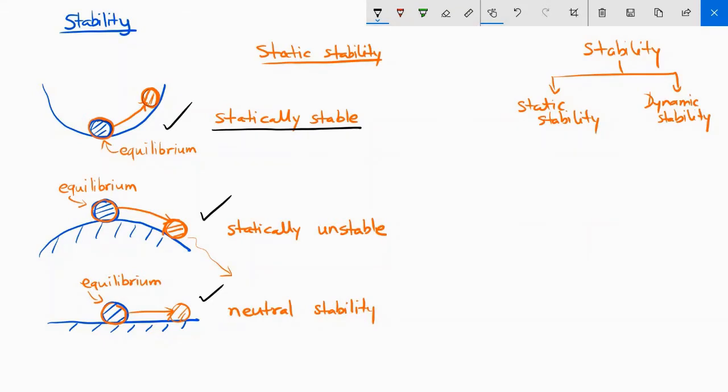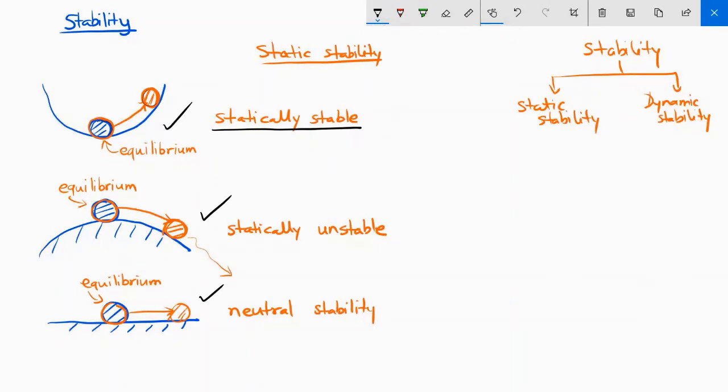Another possibility is it will roll and then it will overshoot. So it will oscillate and then it will finally come to the equilibrium. Now, another possibility is for some reason it will come to equilibrium, it will overshoot and it will oscillate, and the amplitude of this oscillation grows more and more and more.